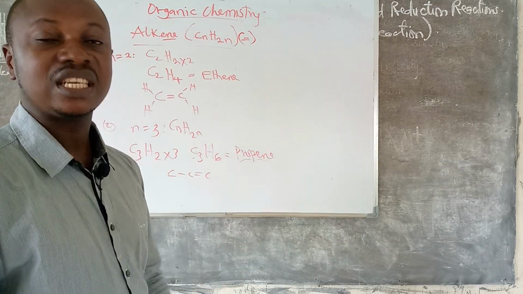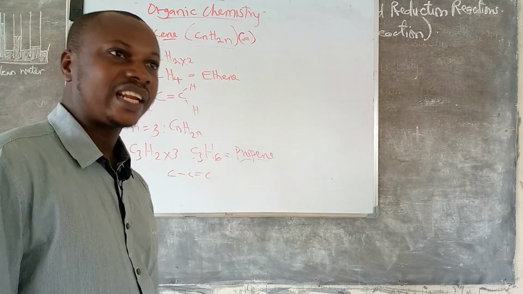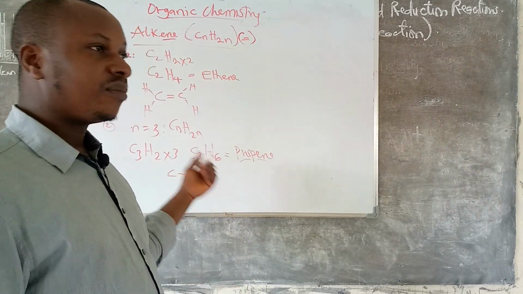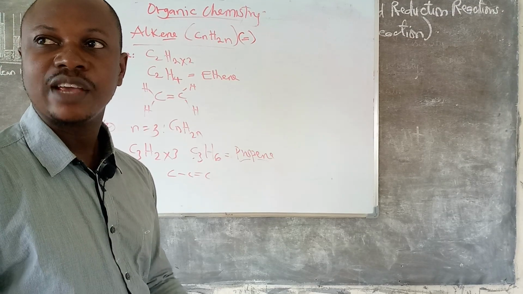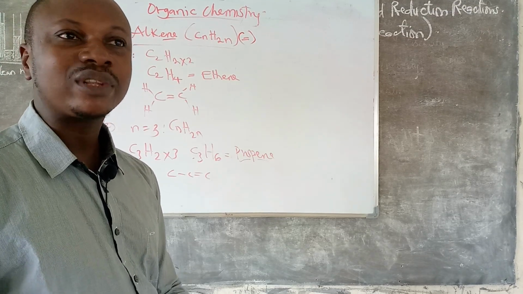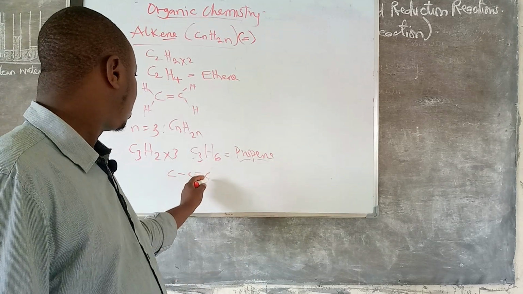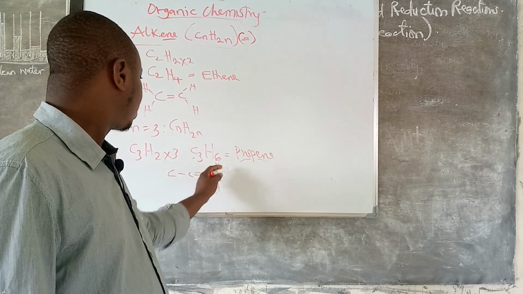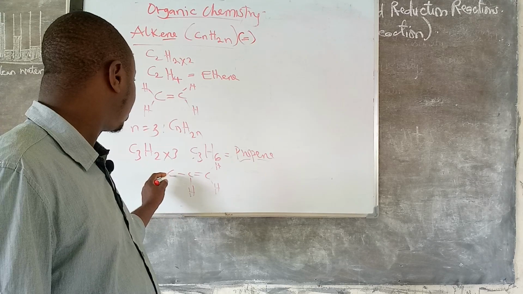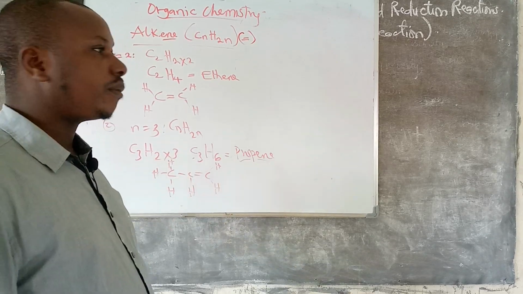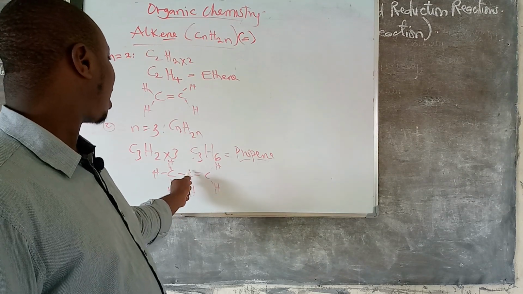You can put it until we discuss IUPAC nomenclature for naming any compound. For now, if you want to put the double bond here, no problem. But when we discuss IUPAC nomenclature, you will know the importance of the position of a functional group. So you now put your hydrogen accordingly. It must be complete. Somebody may say, why didn't I put an H here?